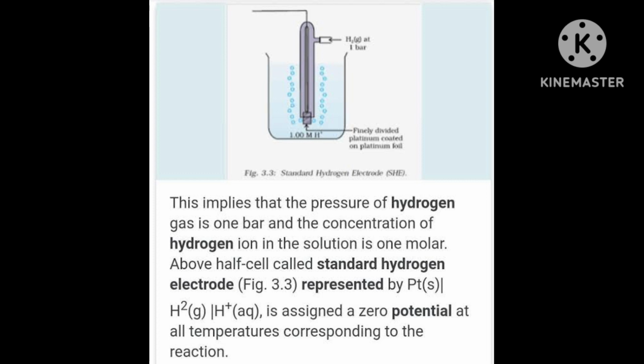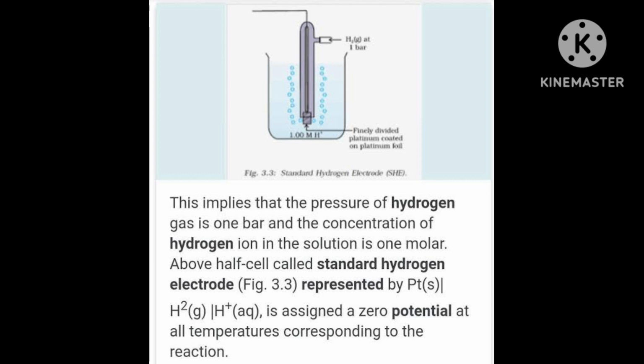Now here you are supplying this hydrogen gas, correct? H2 you are supplying, platinum wire is there, hydrogen gas is there, and in solution hydrogen ion is there, HCl is there, 1 M. Then the hydrogen gas will come down near a small hole, and will be in contact with the wire.